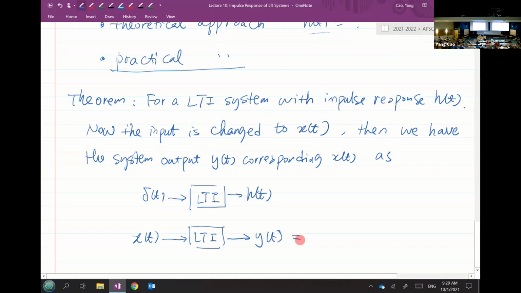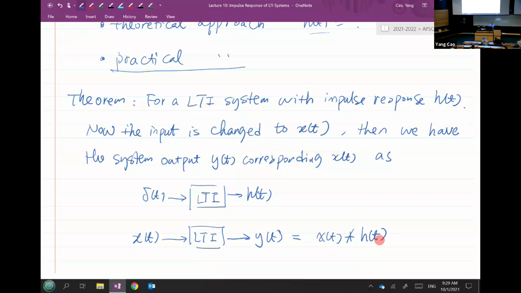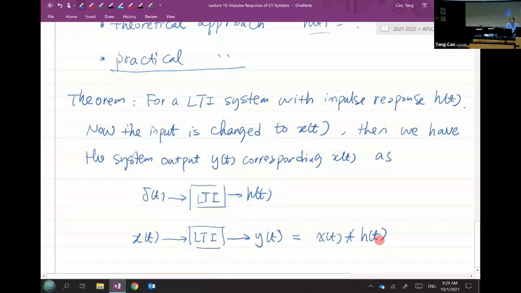The corresponding output, y of t, is given as x of t convolved with h of t. So that's the theorem. Let's examine this a little more, and then I want to show you a bit of the proof.